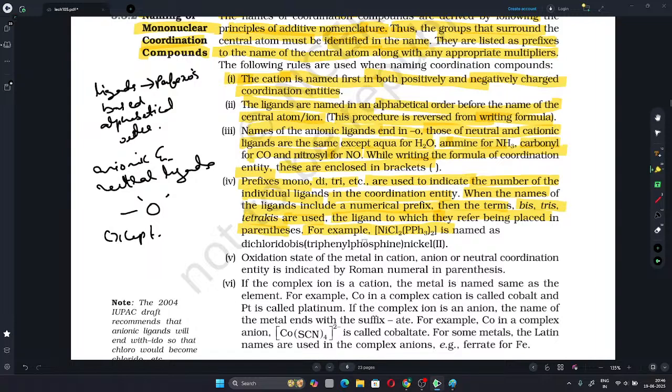dichlorido, because it is an anionic ligand. Because here the PPh3 group is twice, we name it as bis(triphenylphosphine)nickel(II). Dichloridobis(triphenylphosphine)nickel(II).